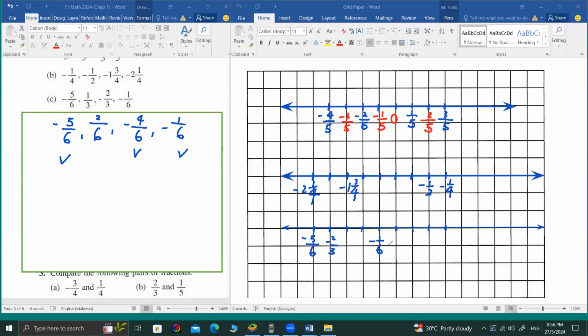Negative 1 per 6 already, then 0, 1 per 6, 2 per 6. That 2 per 6 is 1 per 3. See, so you get the answer for C. You understand? Same thing. Any of you that are wrong, do the correction first. Then I go to D. After I explain D, then only I let you rest for 5 minutes.